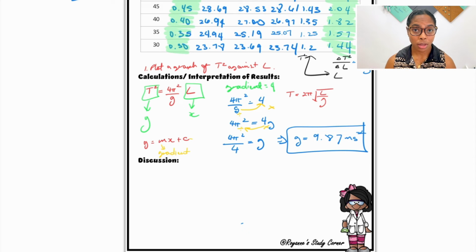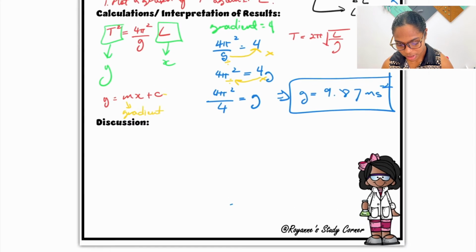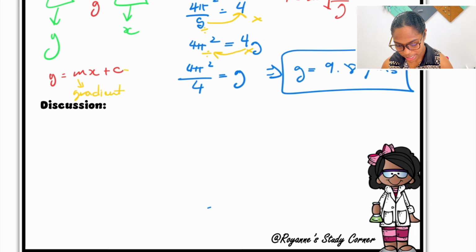The other thing we did was calculate g, so I can make sure to address all of these things in my discussion. So I am going to write a little bit of a mini essay here.